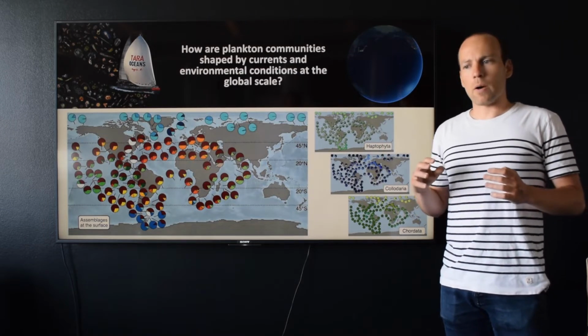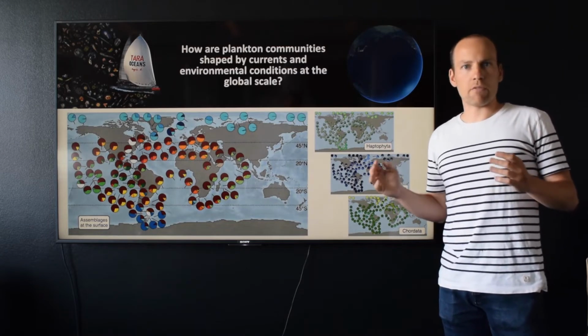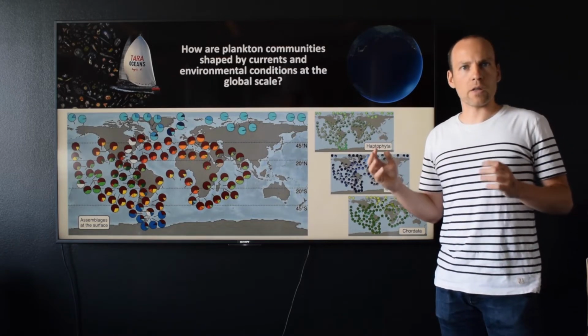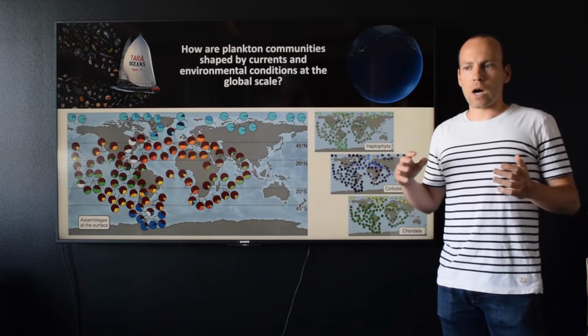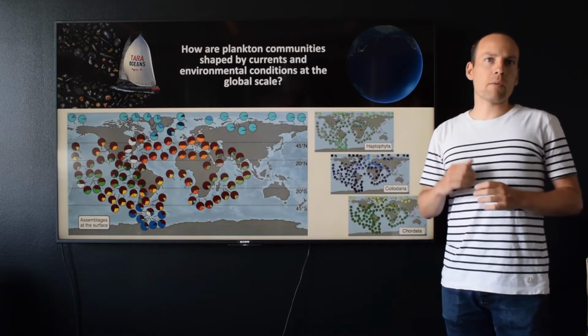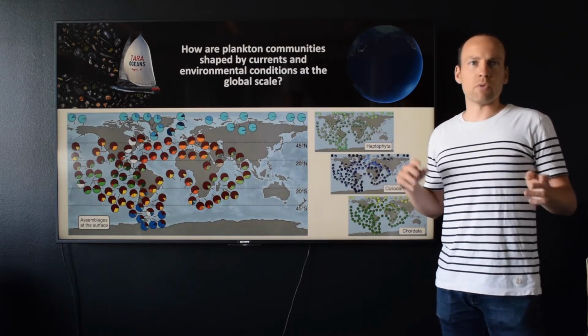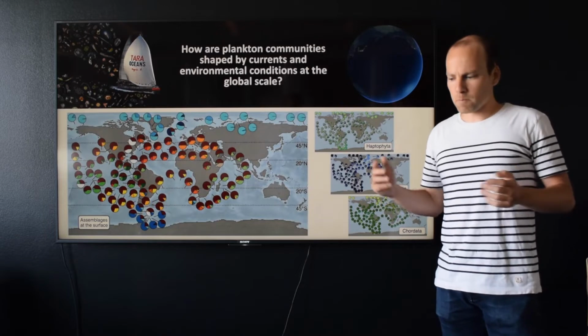And so these communities are very diverse. They have a lot of interactions going on, although they are just being passively transported by currents all the time, all across the globe, and they are being submitted to very different environmental conditions.